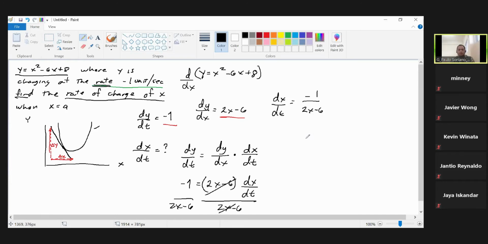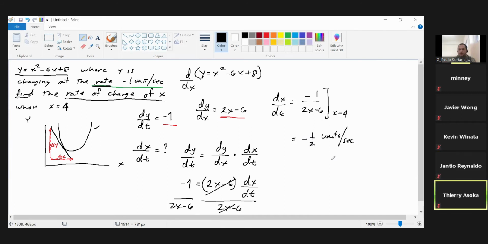However, this is not the final answer. What is the rate of change when x is equal to 4? We need to evaluate this at x equal to 4. So the answer is negative 1/2 units per second, or 0.5 units per second.